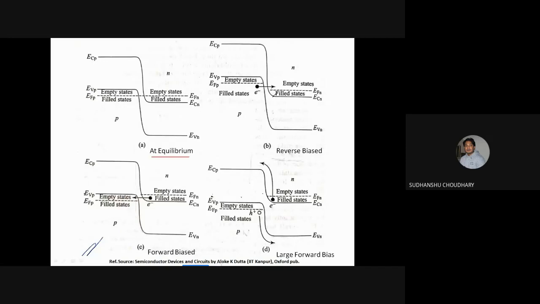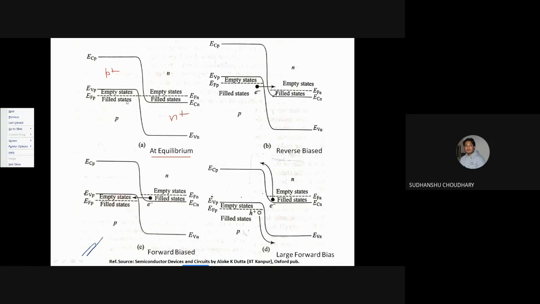At equilibrium in a tunnel diode, since both sides are heavily doped, the barrier is thin. At equilibrium, the empty states in the valence band are in front of the empty states in the conduction band on the n side.